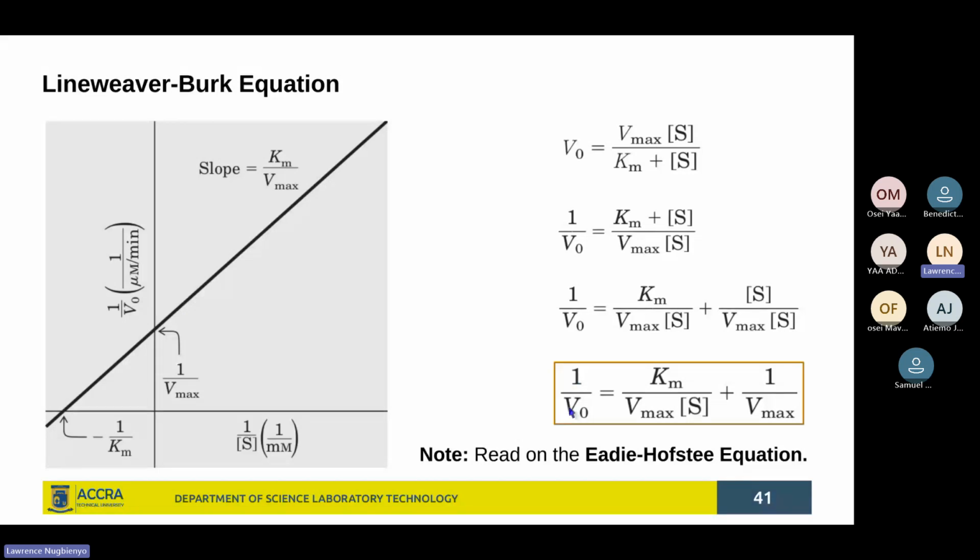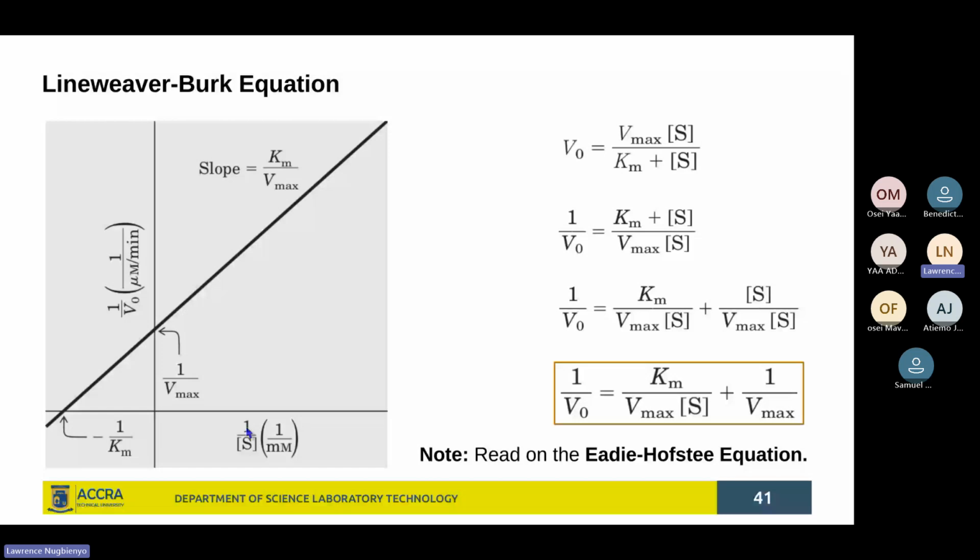So if you look critically at this, which is supposed to be ax, that is the slope of the straight line, or the gradient of the straight line, times the horizontal axis value. The horizontal axis value is also now the reciprocal of the concentration of the substrate, which is going to be 1 over concentration of substrate, as you see here on the graph.